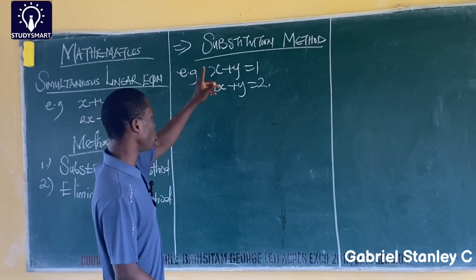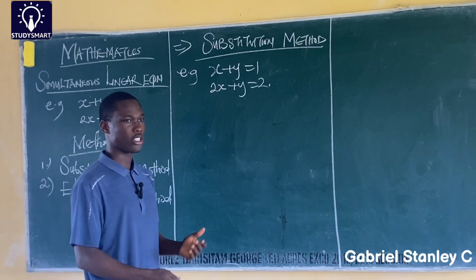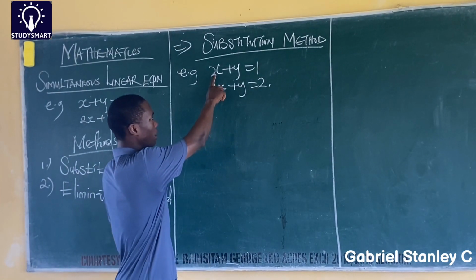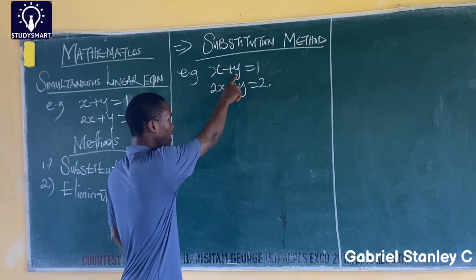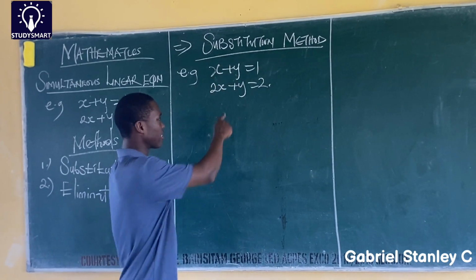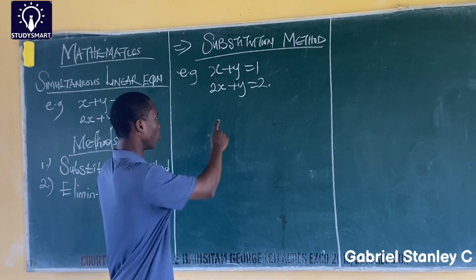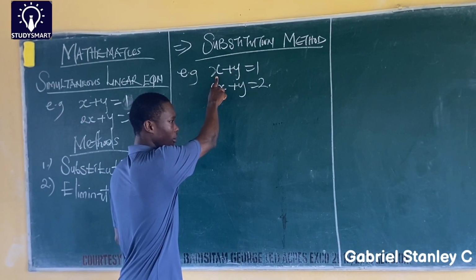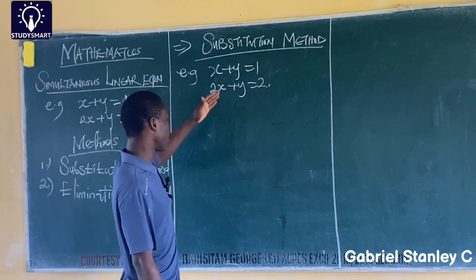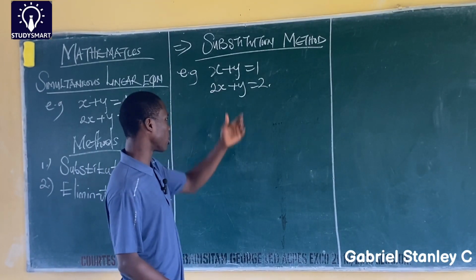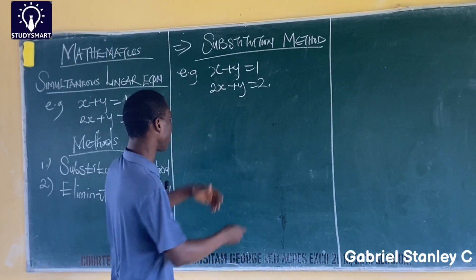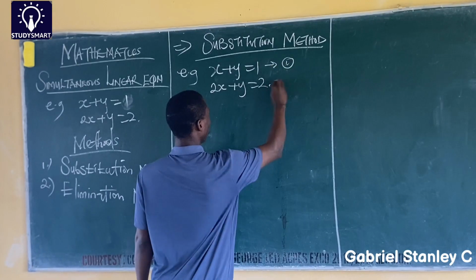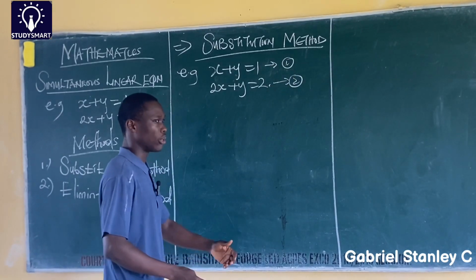In using the substitution method to solve a simultaneous equation, let's say I tackle x first. I will look for the value of x by arranging it so that every other expression has x. You can start from equation 1 or equation 2, depending on how it suits you.